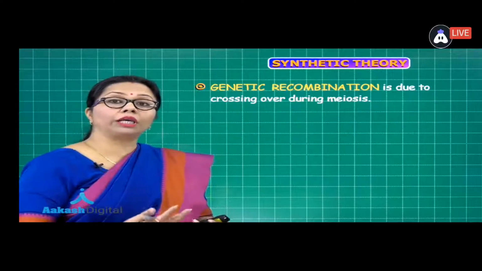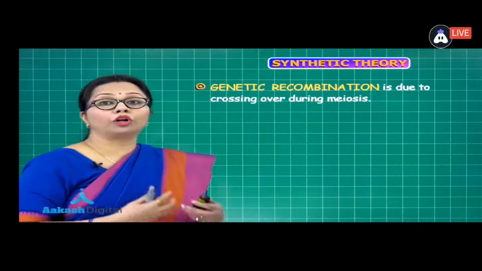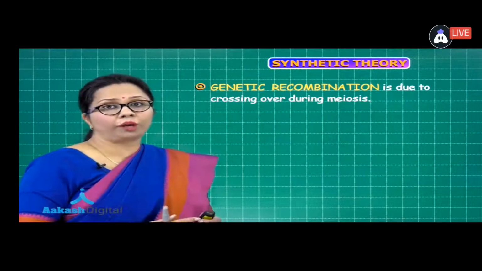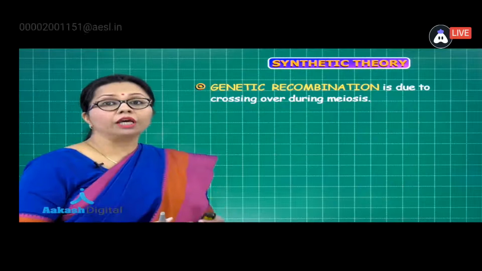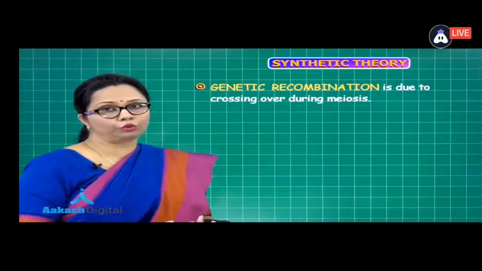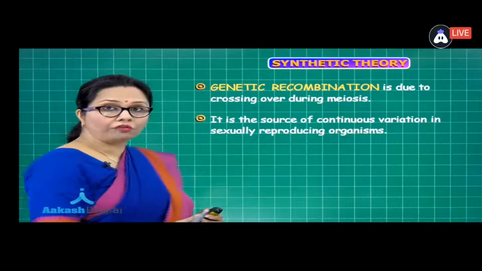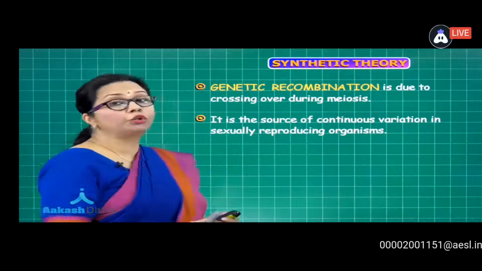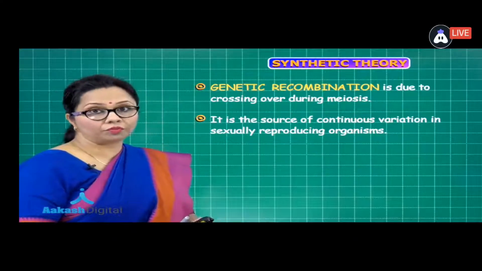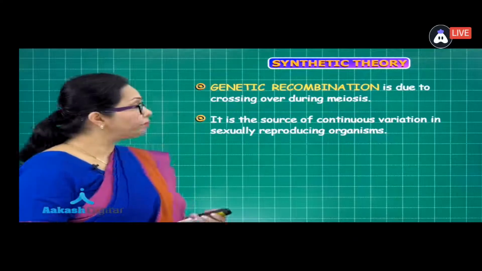Mutation can totally change the type of allele because of the change in the nucleotides, but here there is only reshuffling of the existing pair of alleles, somewhat similar to shuffling a pack of 52 cards. However, this is also a source of variation, but it is continuous variation occurring in sexually reproducing organisms, because meiosis occurs only during sexual reproduction.